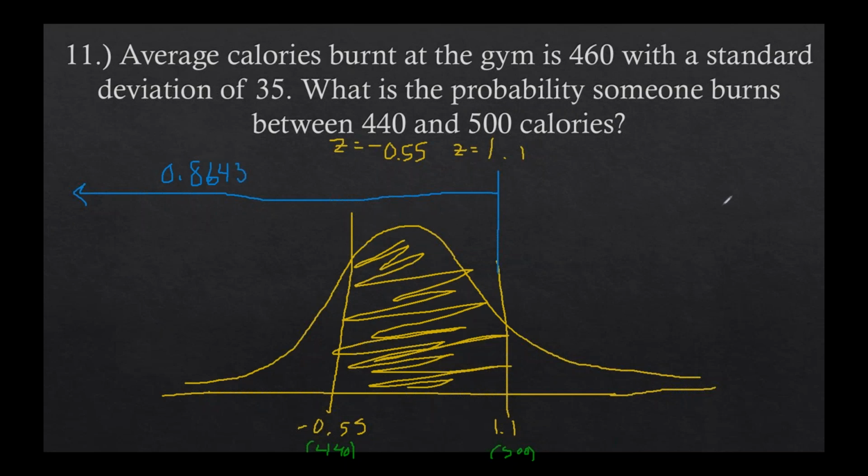Great. So that blue line indicates 0.8643. Now let's do the same thing with negative 0.55, which gives me everything to the left of that. 0.2912.